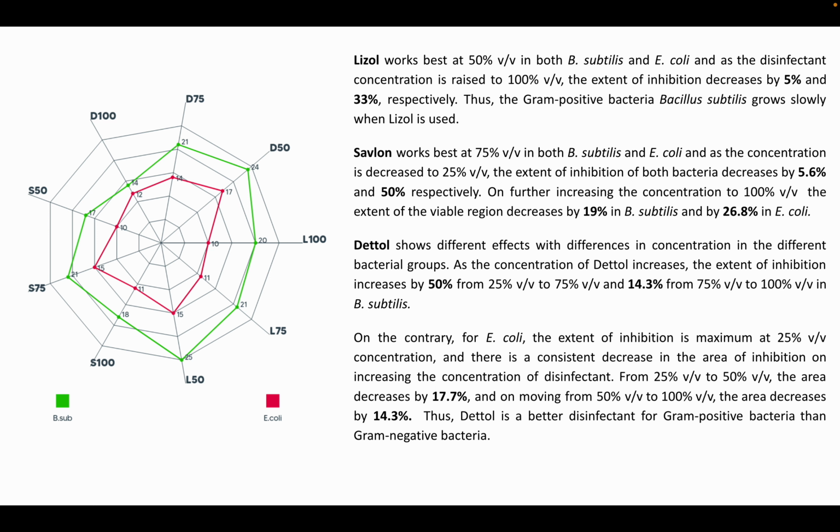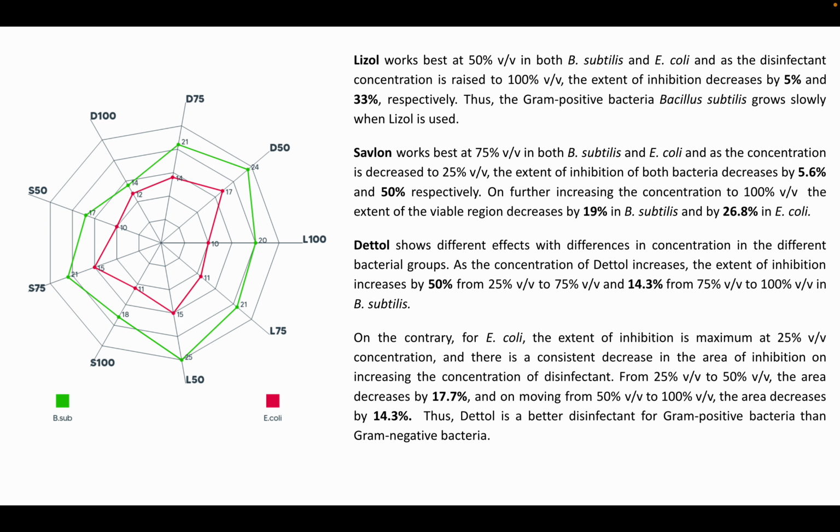And as the concentration is decreased further to 50%, we see that there is a further decrease, by 5.6 and 50% respectively. As the concentration of Dettol increases, the extent of inhibition increases by 50%.